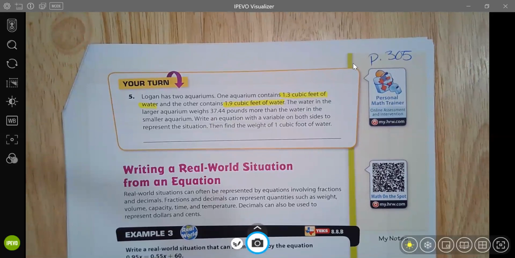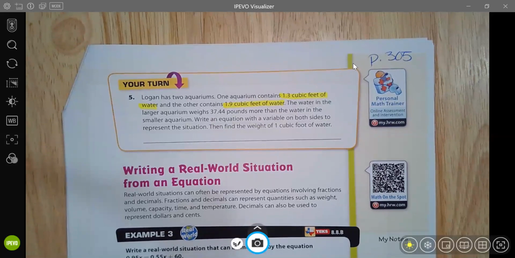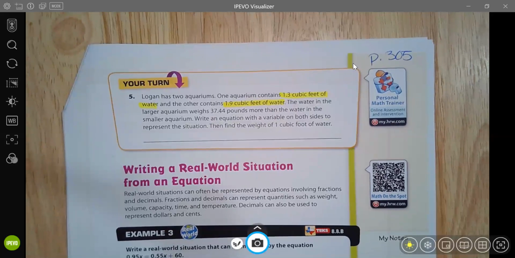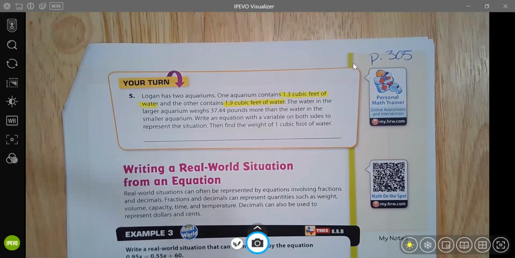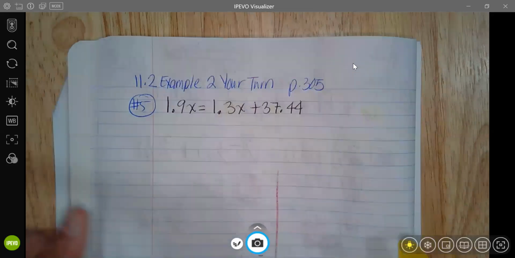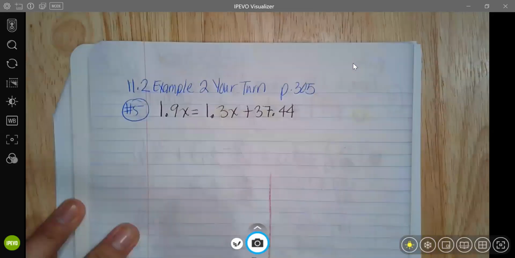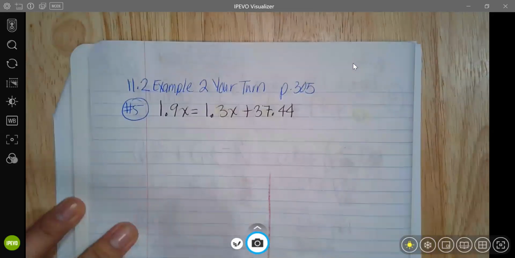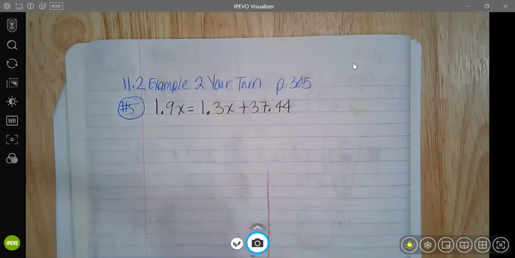So in fact, you should have thought, well, if I do that, you can actually subtract it from 1.9x, which would then add it to the 1.3x. So the equation itself should look like this. Okay, so if you have this, that'd be awesome.